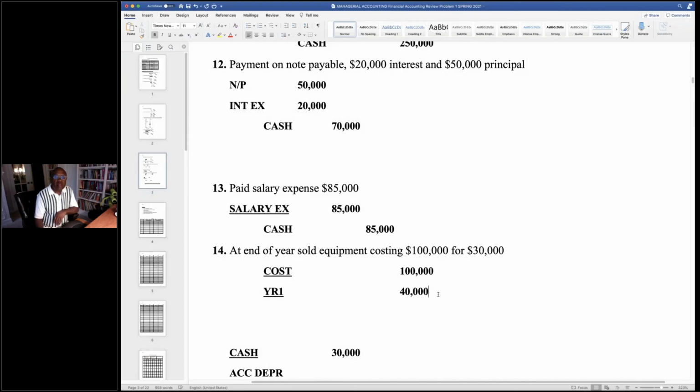Then in year two, we would have had depreciation of 40% of 60,000, because we had 100, took 40, so that left 60. Then we're going to take 40% of 60, and that's going to give us 24,000.